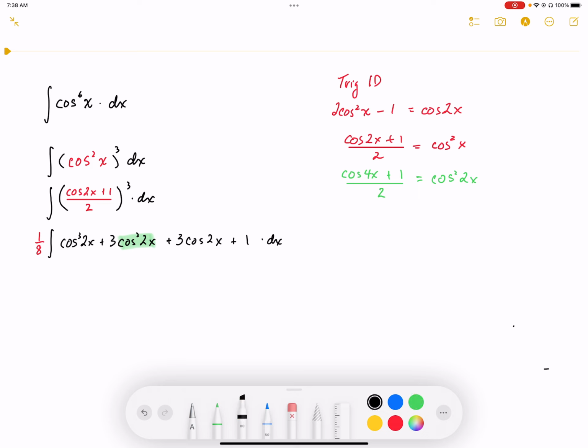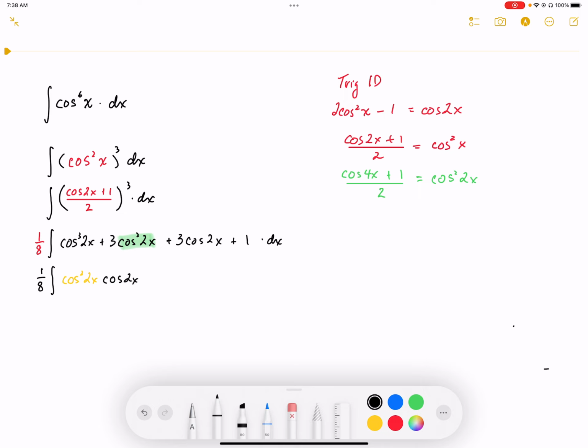So I'm just going to continue on here. So we have our 1 over 8 integral. This is going to be written as cosine squared 2x times cosine 2x.